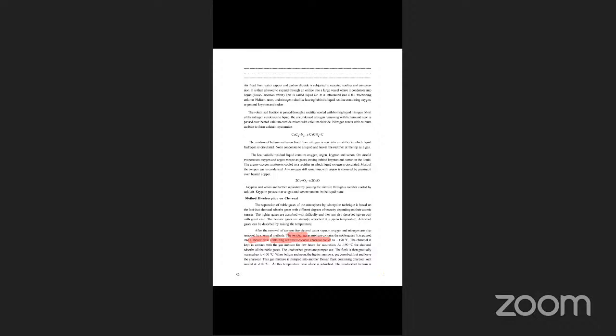At minus 190 degrees, the charcoal adsorbs all the noble gases. The unadsorbed gases are pumped out to the outside.